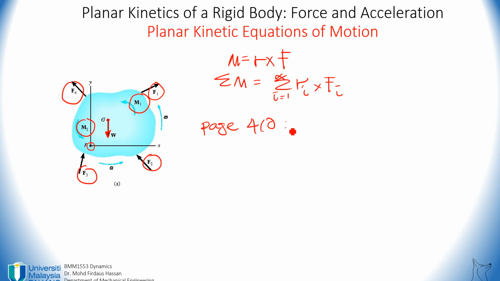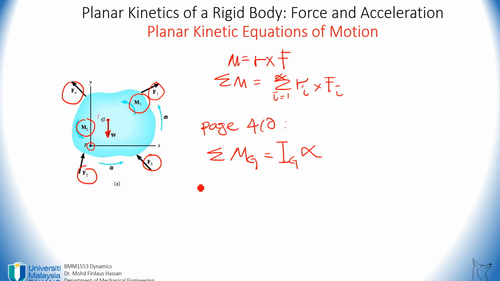For rotational motion, if you see page 410, there is a complete derivation of how you get the equation of moment. Basically, if the moment is about G, the summation of moment equals the mass moment of inertia of the body at G times alpha.